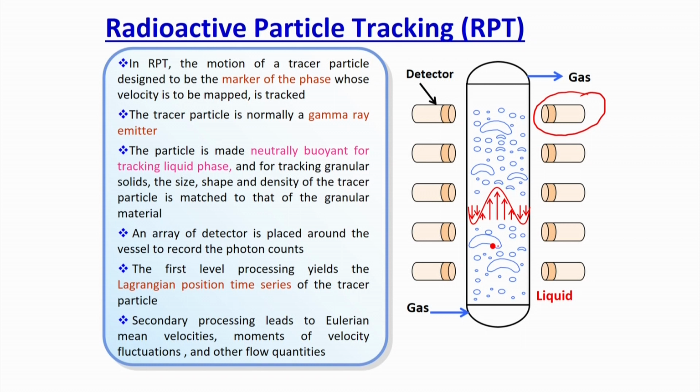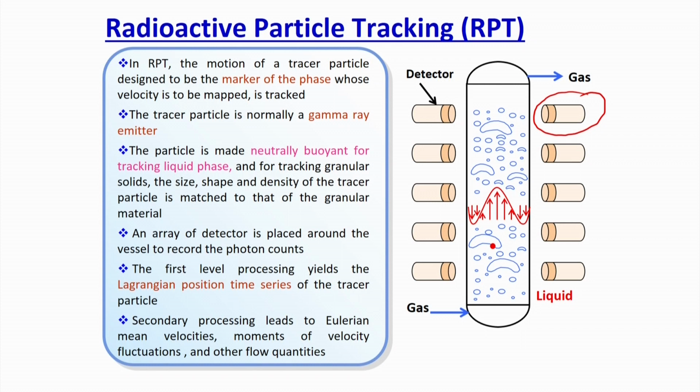Suppose the particle is here, it will emit the gamma rays, and we place detectors around the column of interest, and all the detectors acquire the photons at the same time. It means all the detectors are fired at the same time.